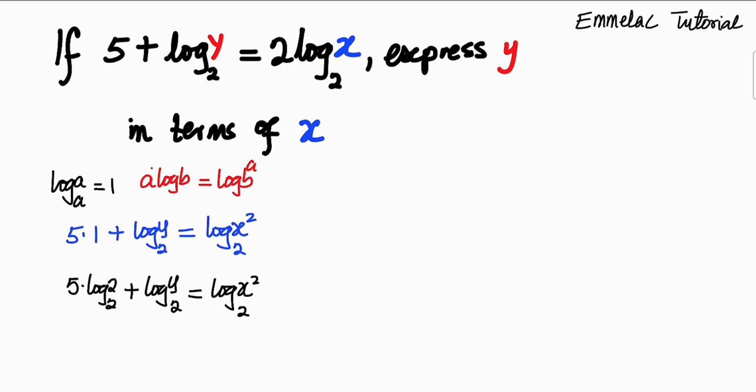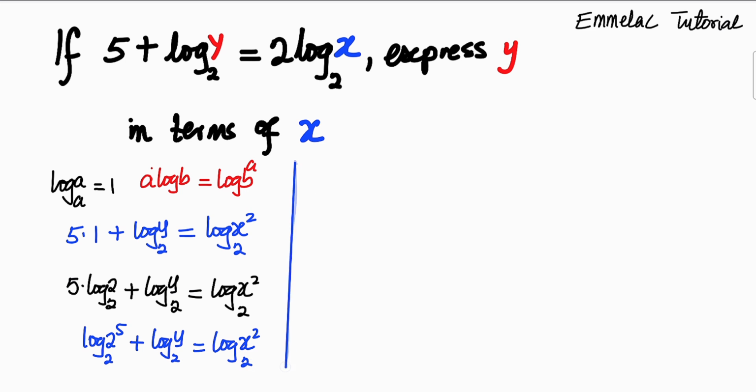So here we have log 2 raised to 5 base 2 plus log y base 2 equals log x raised to 2 base 2. Take note that at this point 2 raised to 5 should give us 32.